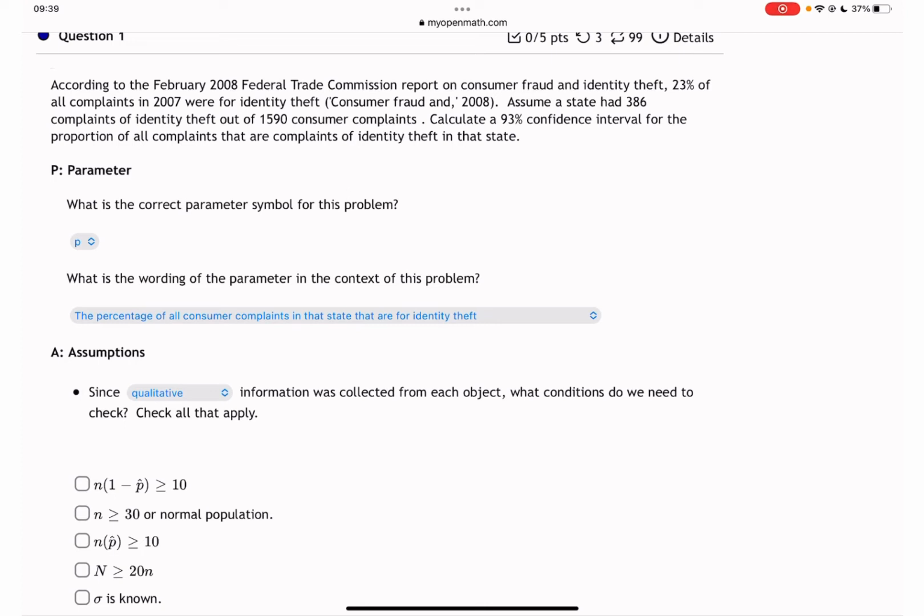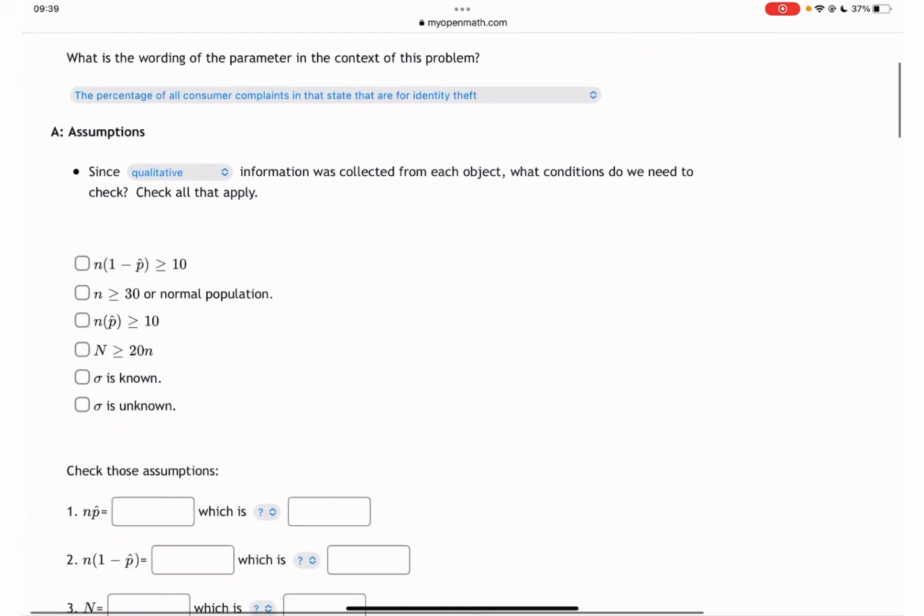The qualitative information was collected from each object. What conditions do we need to check? The first one is n times p hat has to be more than 10. That's condition number 1. Then n times 1 minus p hat, which is n times q hat, is also going to be greater than 10, where q is equal to 1 minus p.